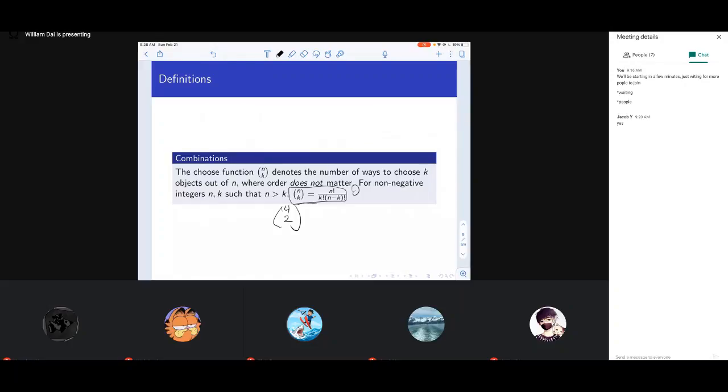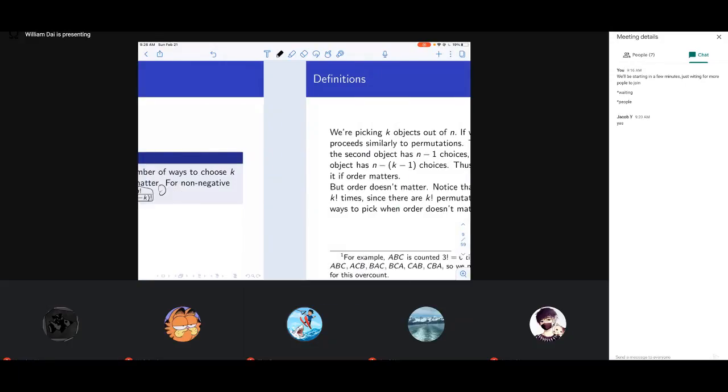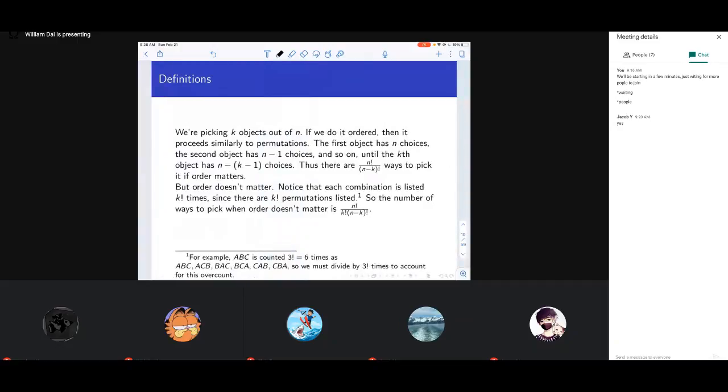And here's the reasoning behind the formula. When we're picking k objects out of n, if what we're choosing is ordered, then it's similar to permutations. The first object has n choices, the second object has n minus 1 choices, and so on.